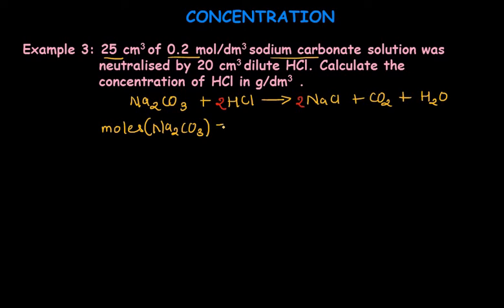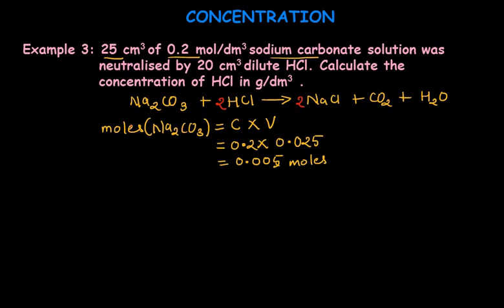Na2CO3, with the help of the formula concentration into volume. So concentration is 0.2 and volume, if we divide it by 1000 and change it to dm cube, we have 0.025. So the moles calculated is 0.005 moles of sodium carbonate.